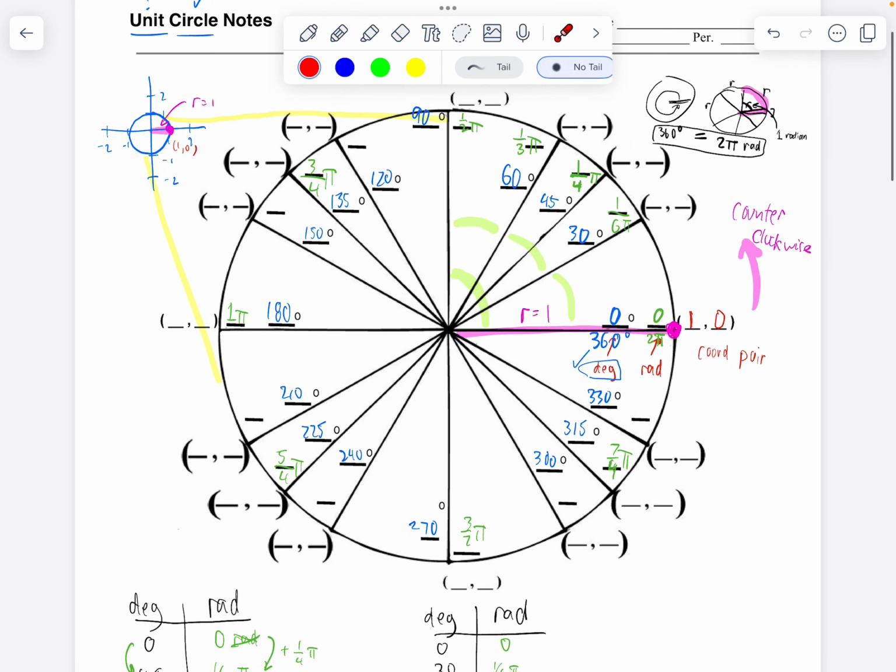So 2/3 is what 120 degrees is. So 1/6, 2/6, 3/6, 4/6, 5/6. 5/6.